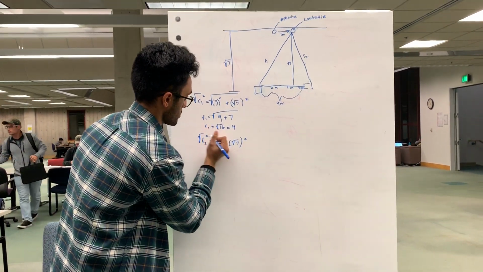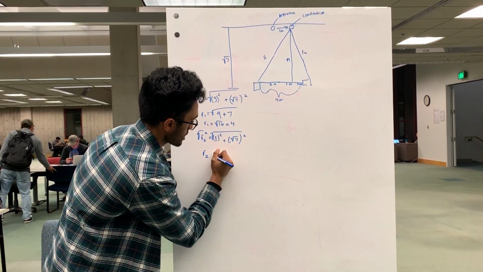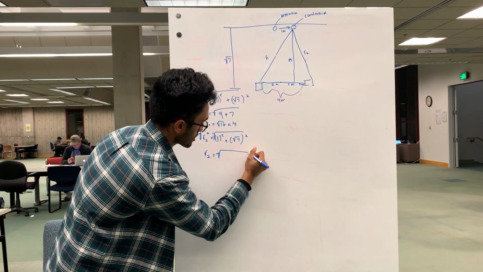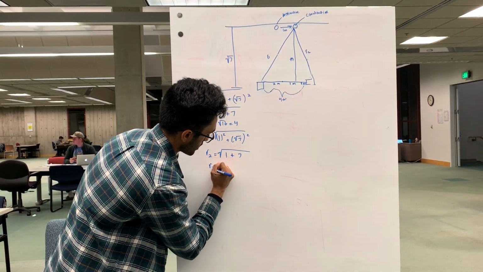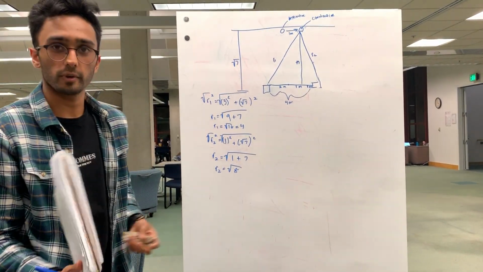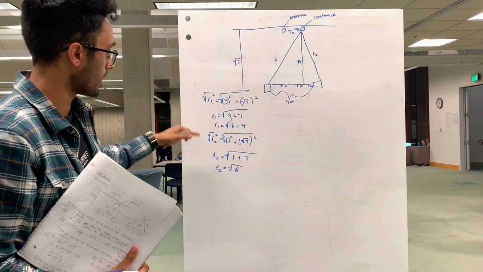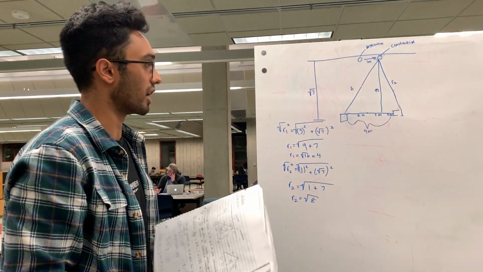And we can just square root that whole thing. So we have R2 equals root of 1 plus 7, so R2 equals root 8. So we solved for R1 and R2, and now we just need to solve for the change in R.